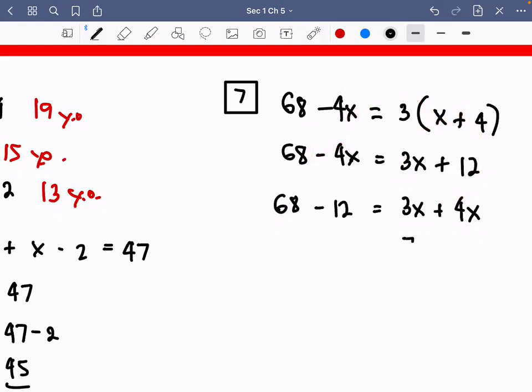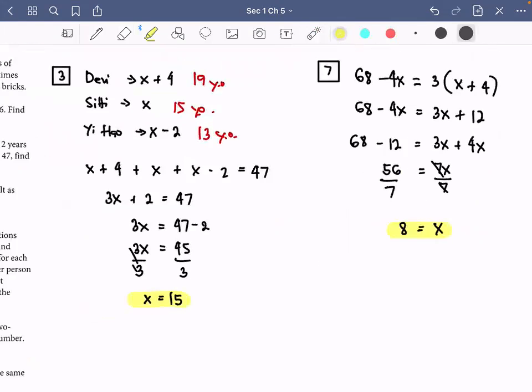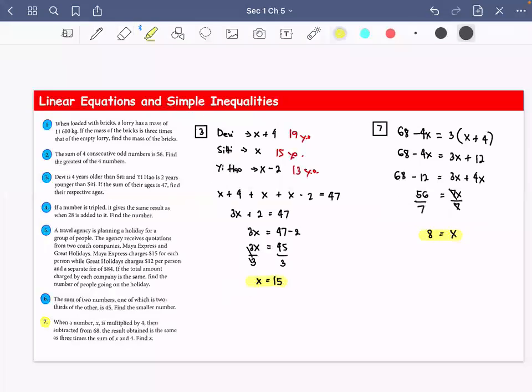So this is now 7x equals 56. To get rid of 7, divide both sides by 7. So x is equal to 8. That's your answer for number 7. x is equal to 8.